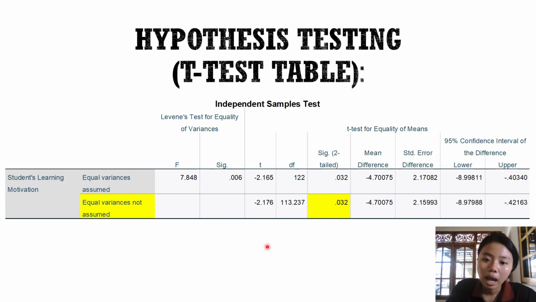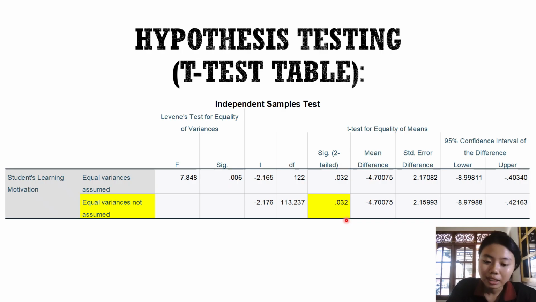Next, we move to the hypothesis testing or the t-test table. As you can see, the result of t-test for this data, like I said before, we need to see the equal variances not assumed. Here, as you can see, the significant value or the p-value of my data is 0.032. That means it is less than 0.05. That means we need to reject the H0, and we are confident that the HA is correct.